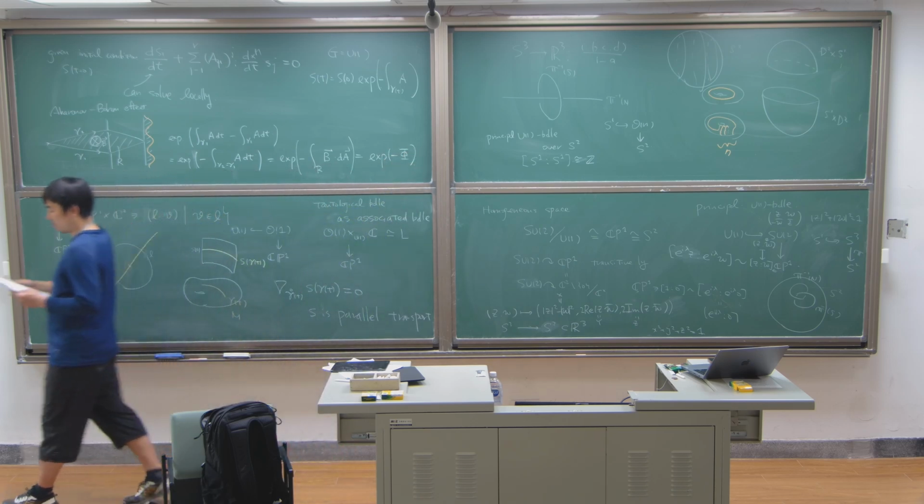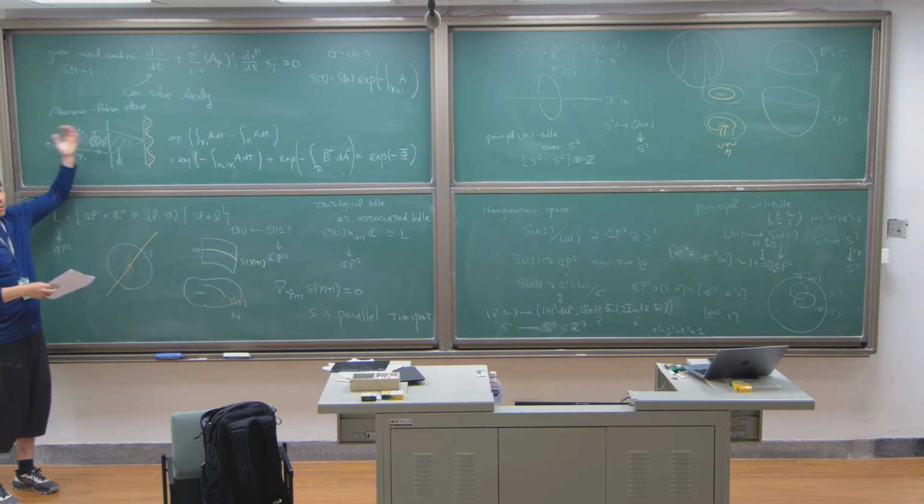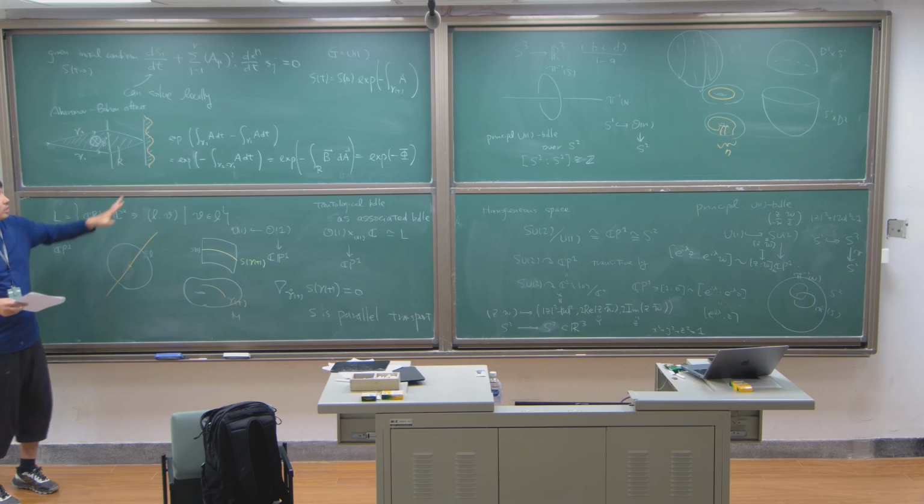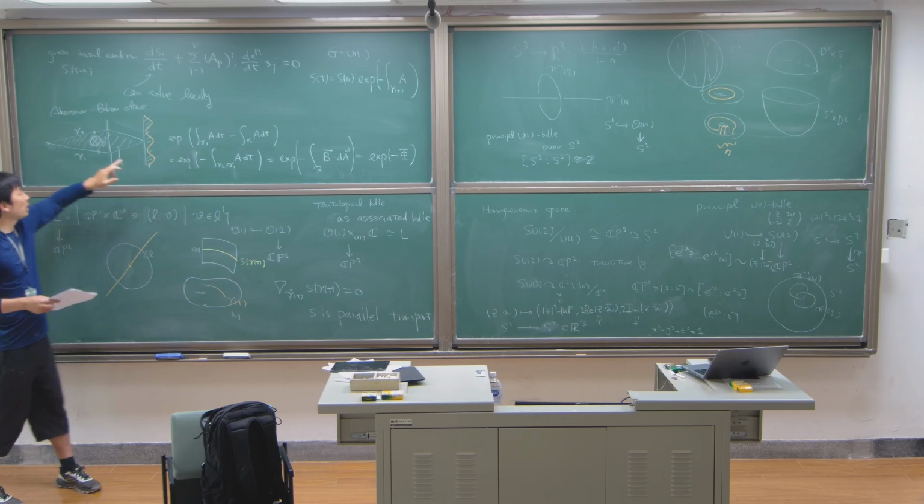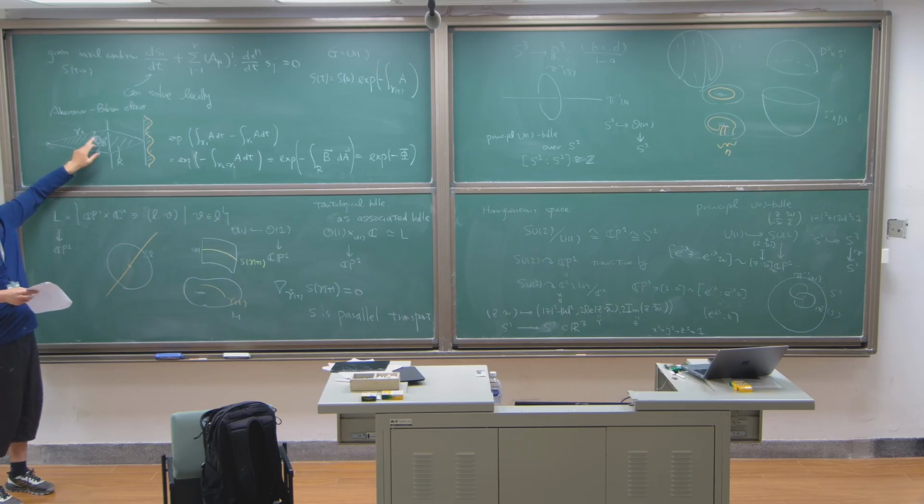So the total magnetic flux that penetrates this region. Okay, you get this phase. So the wave function receives this kind of phase once you have the magnetic field in the middle.